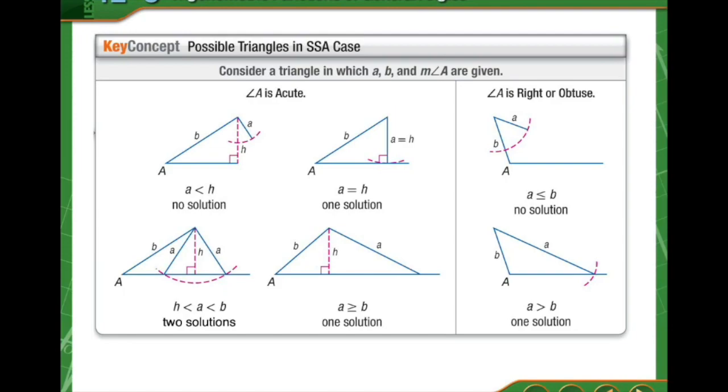If angle A is acute and A is between the height and the side opposite the angle that's mysterious to us, then there's two solutions. Sorry, and if A is greater than or equal to B, then there is just one solution. If angle A is right or obtuse, if A is less than or equal to B, then there's no solution. If side A is greater than B, then there is one solution. So we're going to see what we come up with throughout this here.